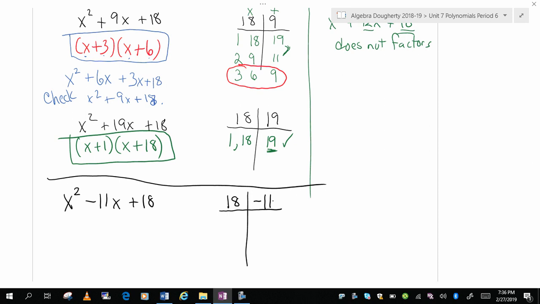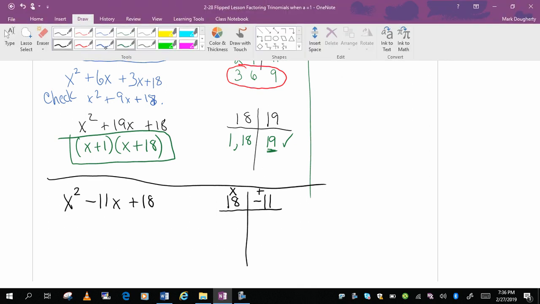Well, if two numbers have the same sign and we multiply them together, they'll end up being positive. So a positive times a positive is obviously positive, but a negative times a negative also gives you a positive. So it's going to multiply to positive 18 and add up to negative 11. We're going to have two negative numbers.